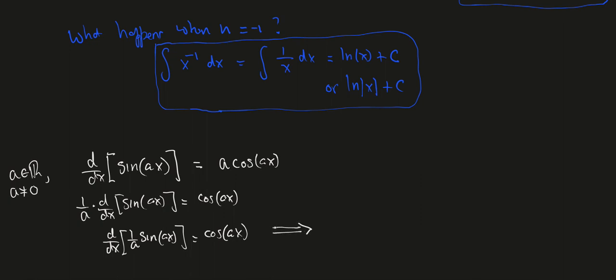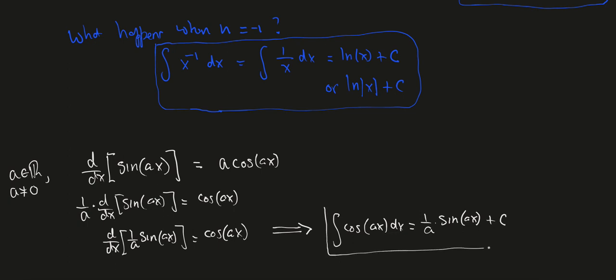What this implies is that the antiderivative of cosine of ax dx is equal to 1 over a times the sine of ax plus c. And this one I'll box off, and there we go.